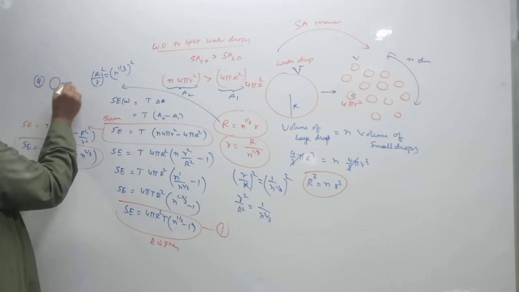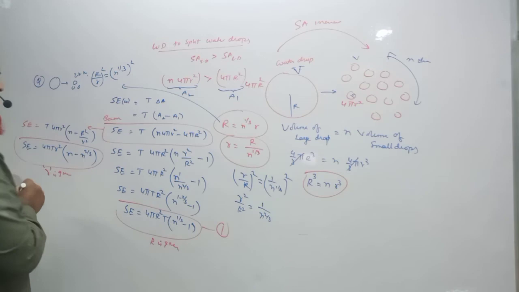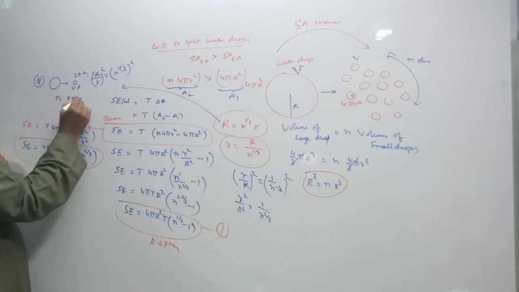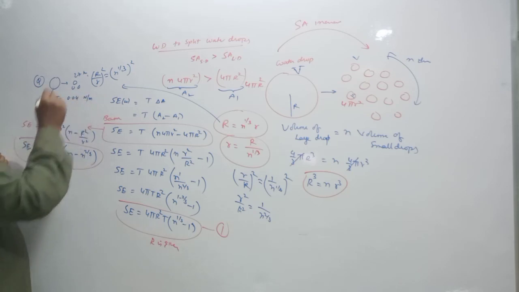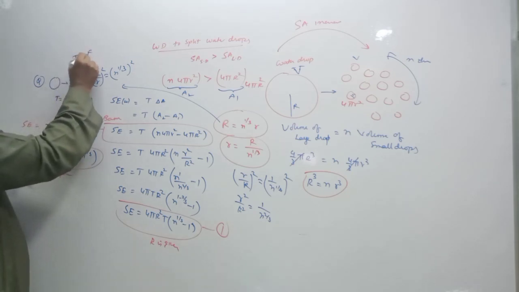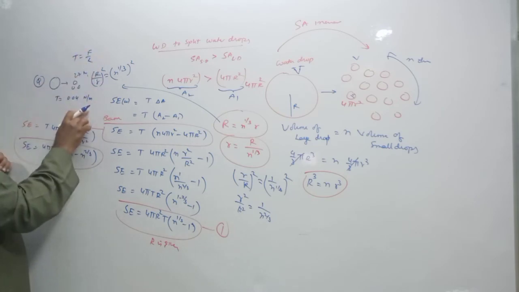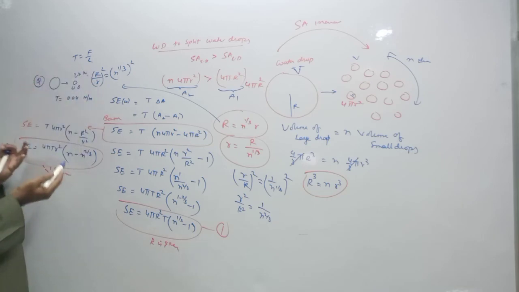Large drop is divided into 27 small drops. And tension is given like this, 0.04 Newtons per meter, because tension is equal to force per unit length, no? So Newton per meter will be the unit. So tension is given and how many drops it has been converted into is also given.